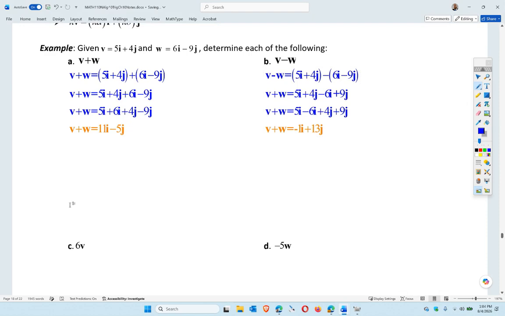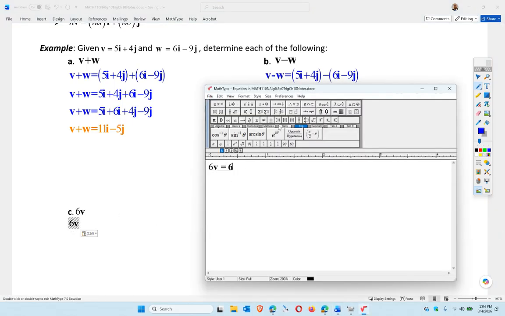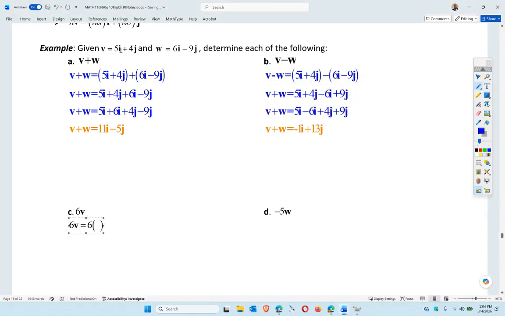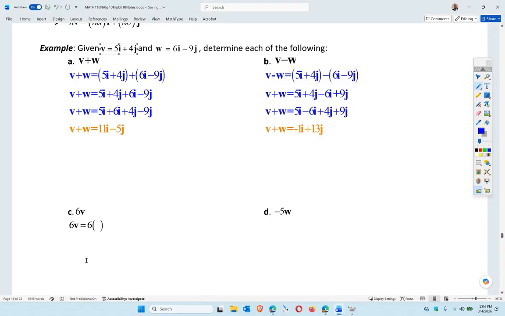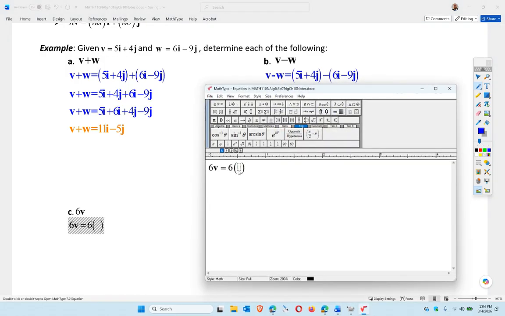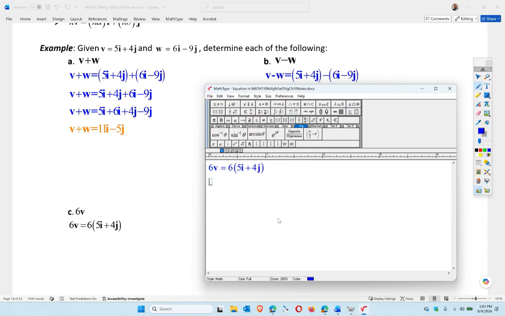Okay, next couple, we'll try some scalars. What about 6v? Okay, so we'll copy that, paste that there, equals 6 times, style math. Okay, so we're going to get the v. Here's the v here. We'll copy that and paste. Format color blue. Alright, so it just goes into each one essentially.